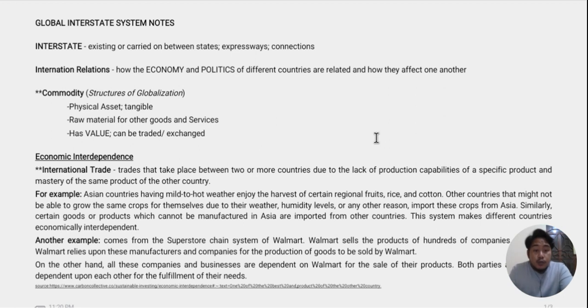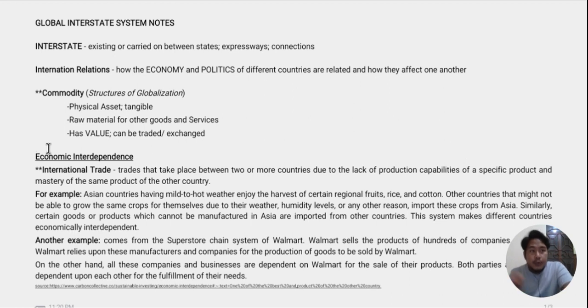So usually they import these products or these crops from Asian countries like the Philippines. Similarly, certain goods or products which cannot be manufactured or obtained in Asian countries are imported from other countries as well. So this system makes different countries economically interdependent. So that's how economic interdependence is observed in between countries.